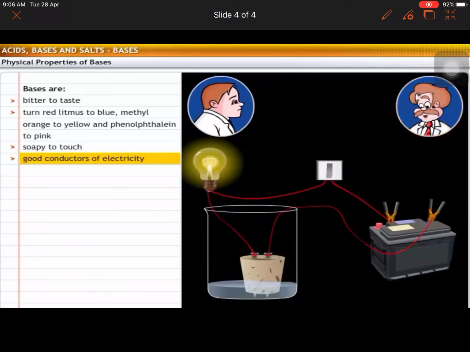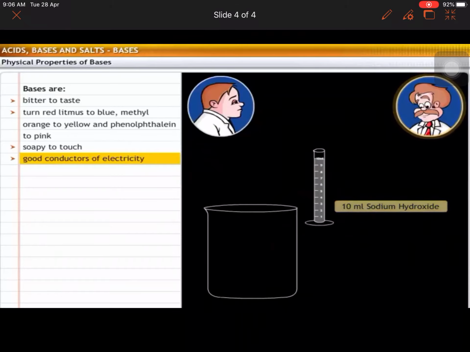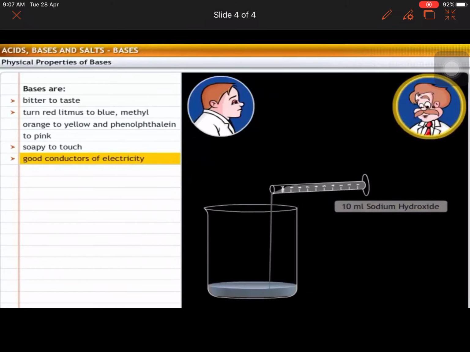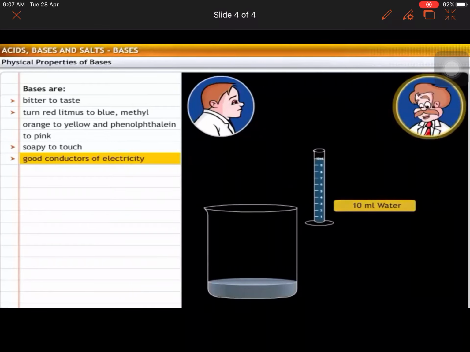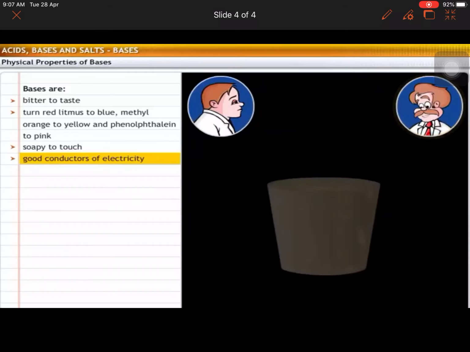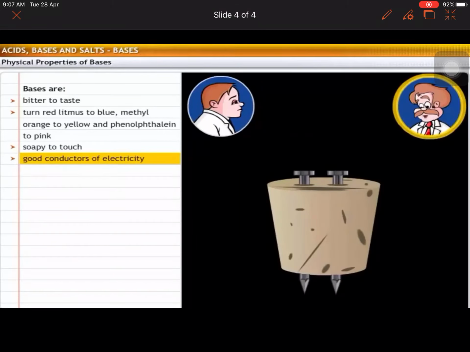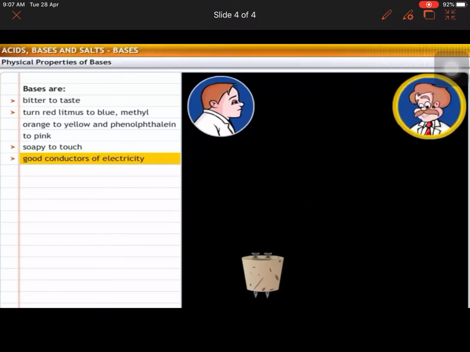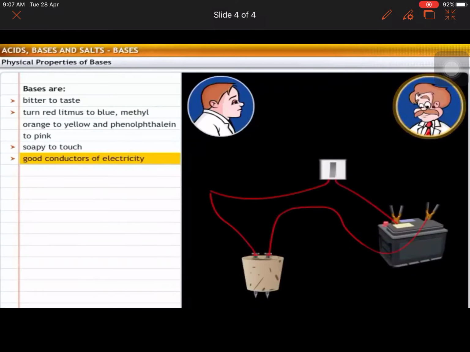To prove this, let's perform a small experiment. First, we take 10 milliliters of sodium hydroxide solution and 10 milliliters of water in a beaker. Then, we take a cork and fix 2 carbon rods in it. Next, we connect the rods with an electric wire in series, along with a battery, switch, and a bulb.